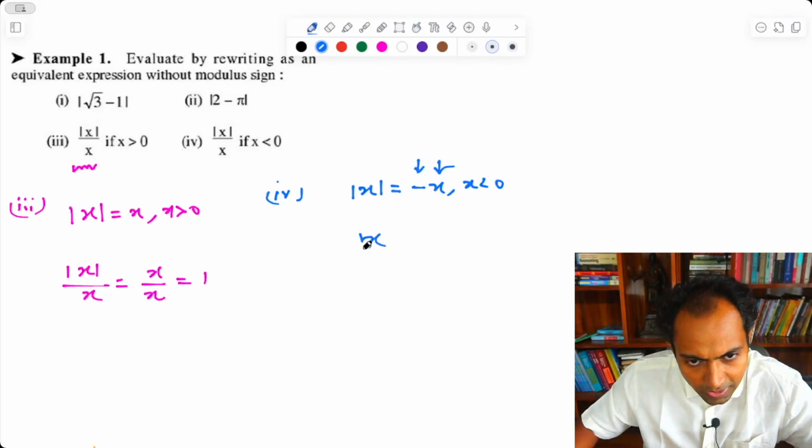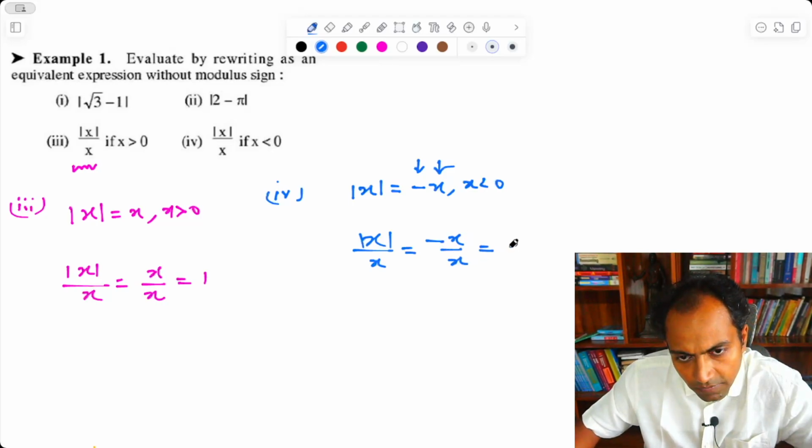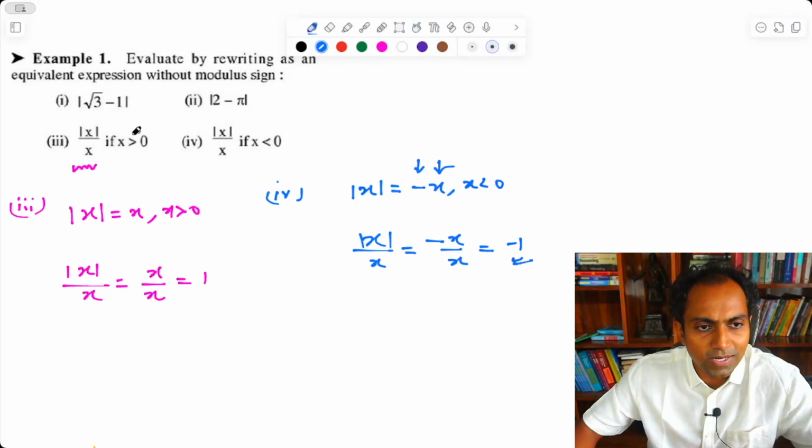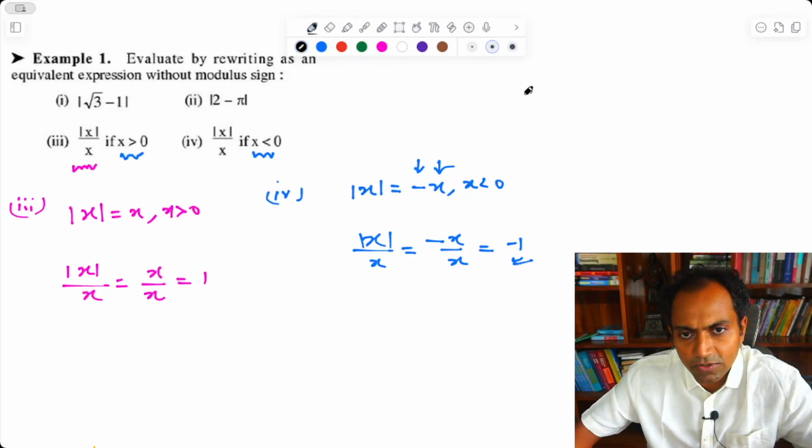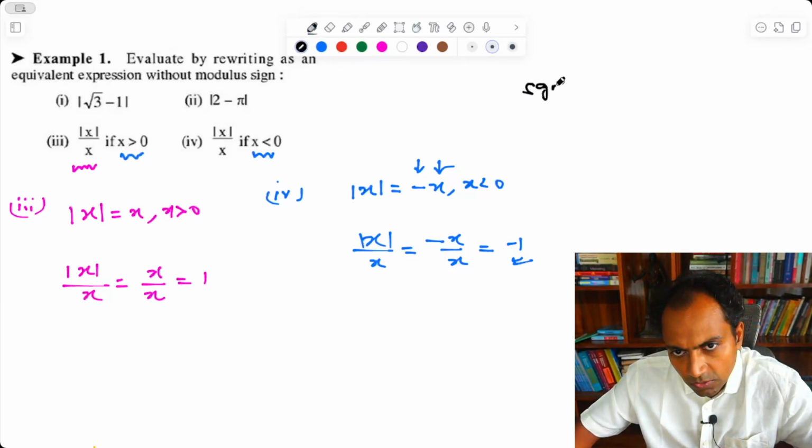So now if I try and find the value of mod of x by x, the answer comes out to be nothing but minus x by x, which divides and makes it minus 1. You can see that just by taking different values of x, the same expression can have different values. Now there is a fun fact that there is another function, signum x, that you are going to ultimately learn, that is connected with this idea.